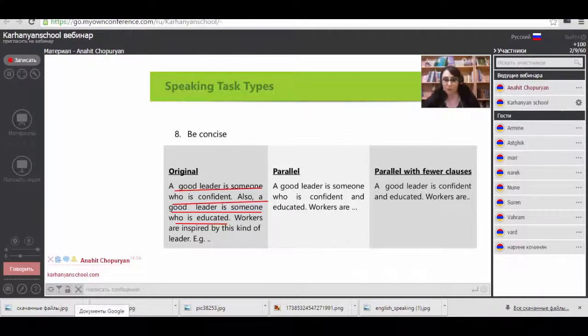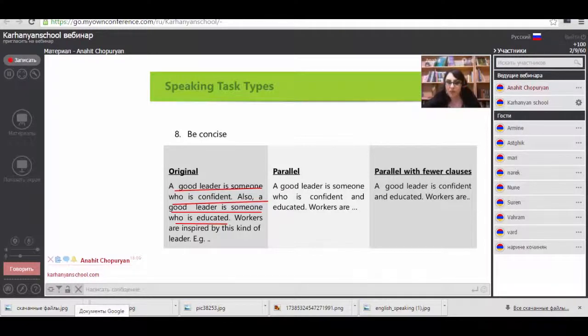Yes, so we make it even more concise. Yes, so you see that this way you can also save your time. Say more, yes, but by saying more, you can also save your time.